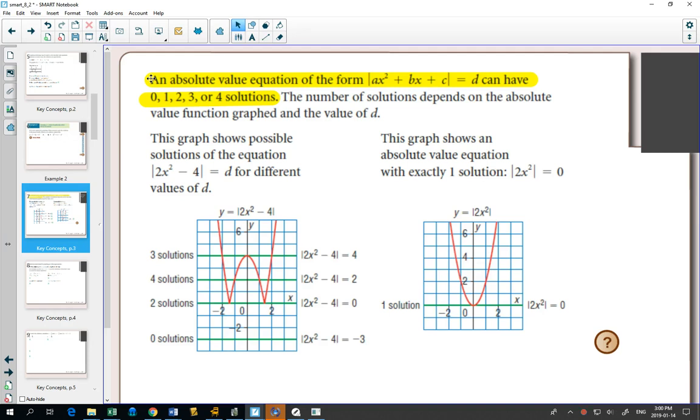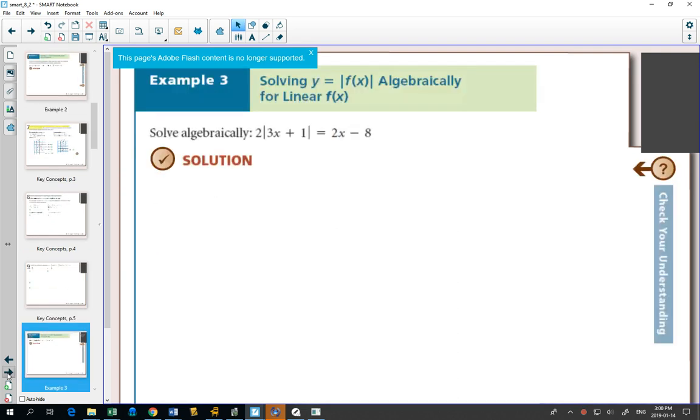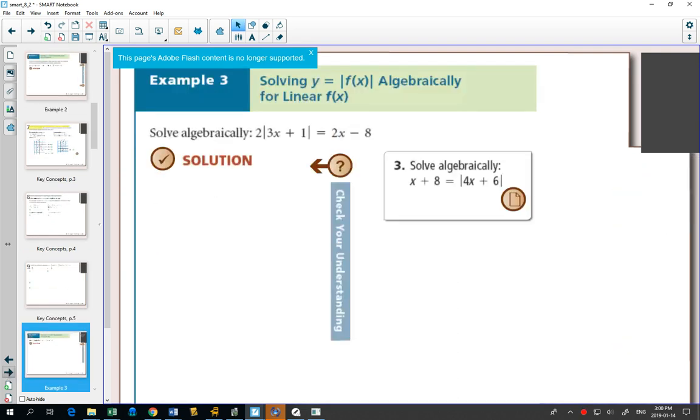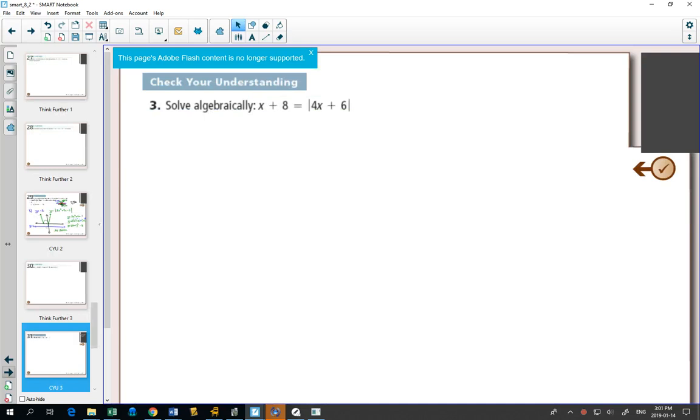What we're going to do next is look at how we solve these equations algebraically, because that's not always the most fun to graph everything out. So if we go to example 3, it says solve this equation algebraically. Okay?